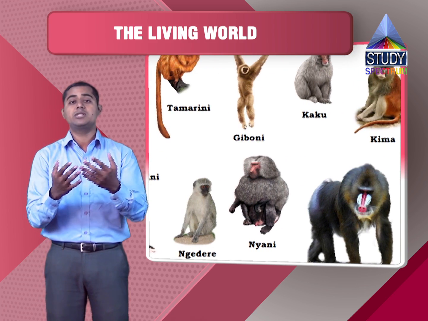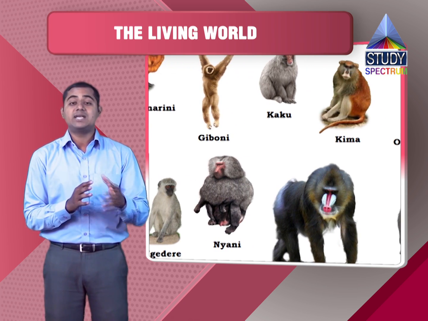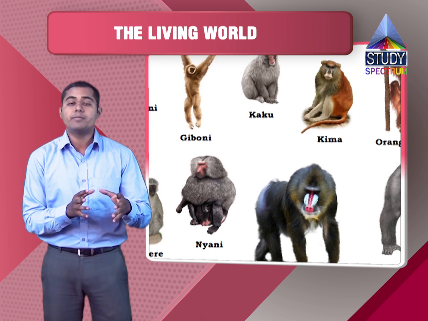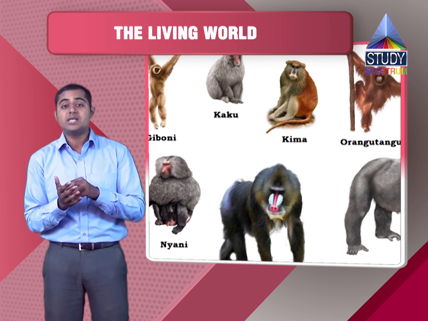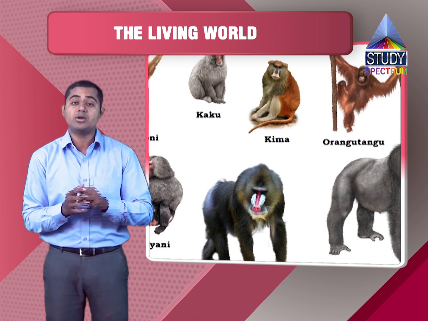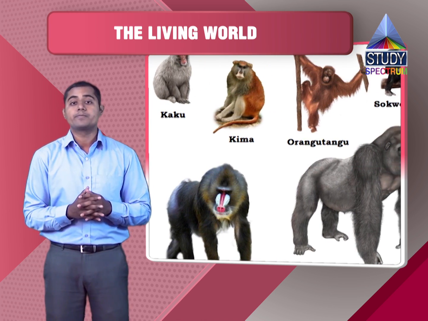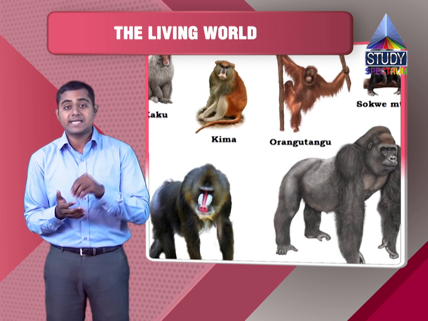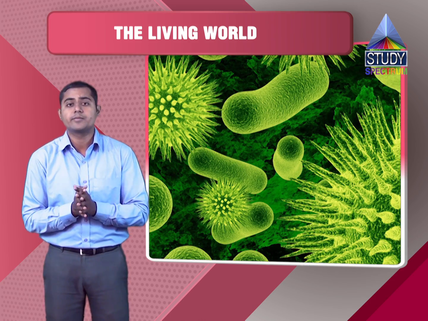Humans also fall under the primates, but belong to a different species. Gorillas, chimpanzees, all these are mammals and primates, but they fall under different species. So when we talk about the higher organisms, species denotes the specific group. But when I talk about bacteria, there are different species of bacteria.